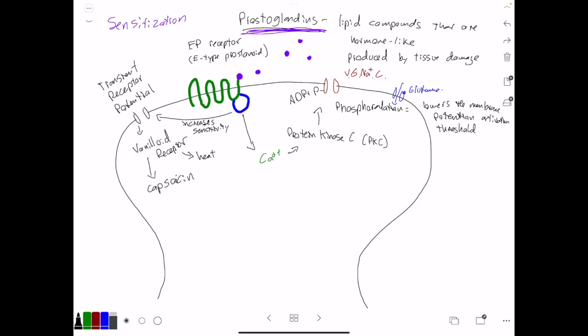And so capsaicin binds to vanilloid receptors and activates them in the same way that heat does. And so it's no surprise that both heat and capsaicin will result in the same subjective experience of heat.